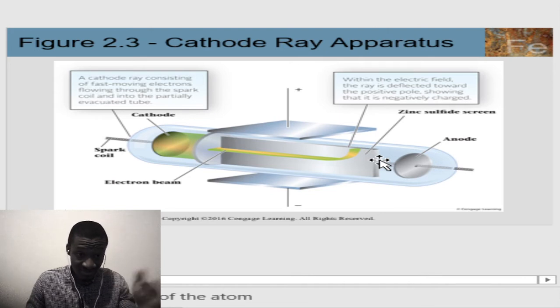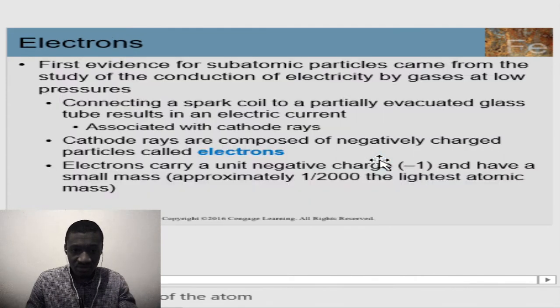And that's what the goal of the experiment was, to prove that the electrons are negatively charged. So the sulfide screen you will see later on in our next image with Rutherford's experiment as well. So let's go back.